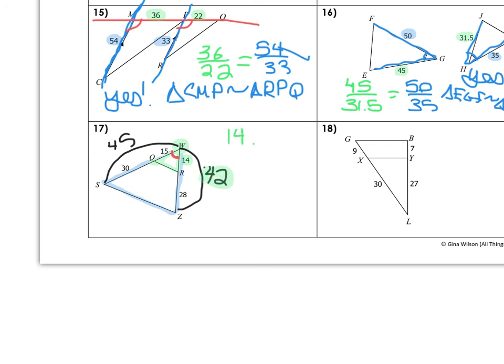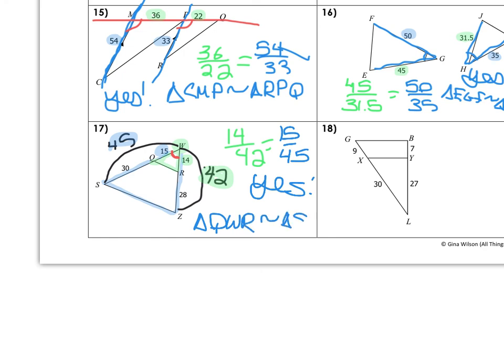So 14 over 42 is equal to, and now we're going to look at the other side of the other one, so 15 to 45. And when you plug those in, it turns out that they work. And so because they work, that means that these are similar, and we get triangle QWR is similar to triangle SWZ.